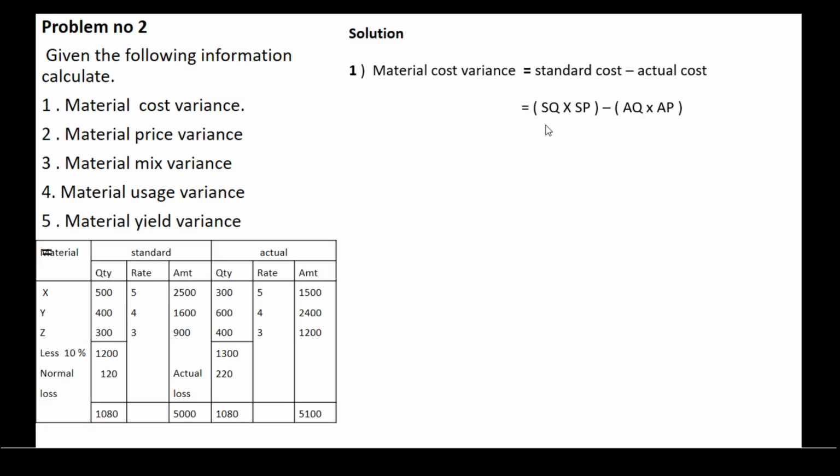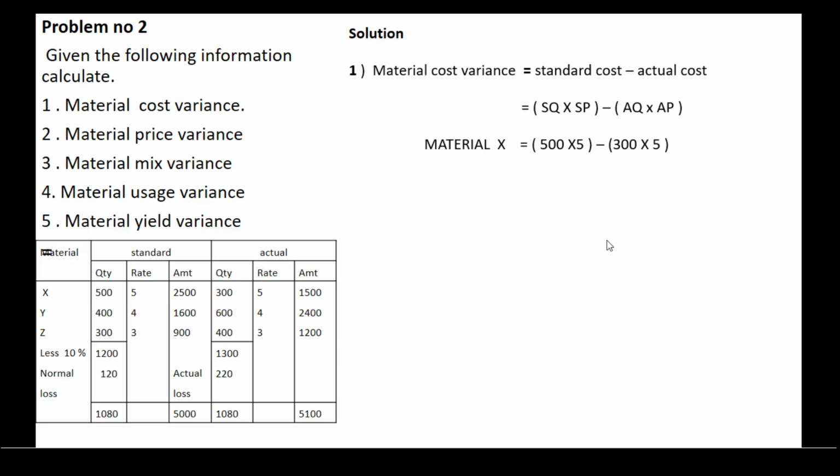So now first we calculate the material cost variance for the material X. Here for the material X, the standard quantity is 500 and the standard price rupees 5, minus the actual quantity 300 and the actual price rupees 5.